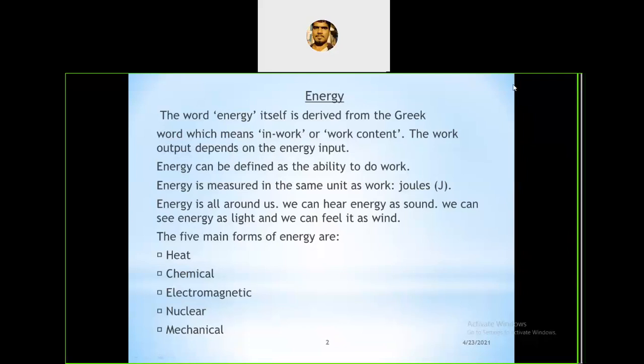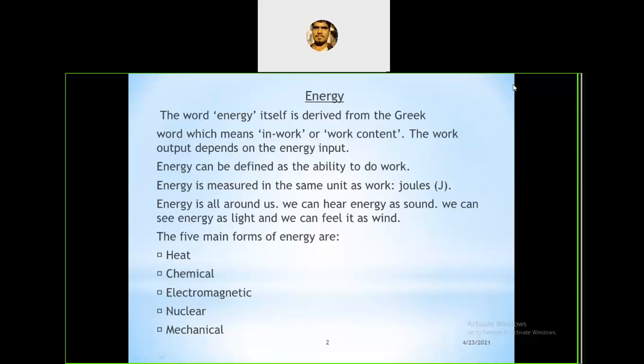That food is converted into whatever energy is required in our body. From that food, we can walk, we can talk, we can move from one place to another place. We can hold, we can lift. So for every action, we need energy. Not only human beings, animals also need energy.